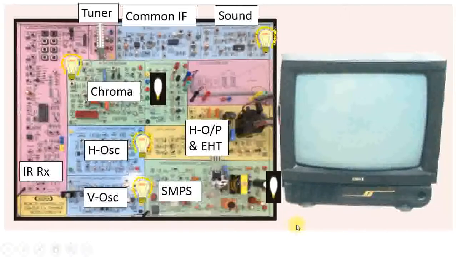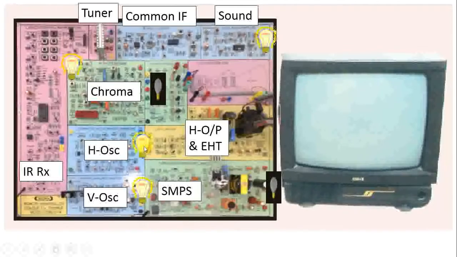Then number two is AC analysis. In AC analysis, come to this chroma section. Here you will find the colorplex composite video signal. This yellow bulb is flashing, so here the colorplex composite video signal can be observed, and you have to note it down.